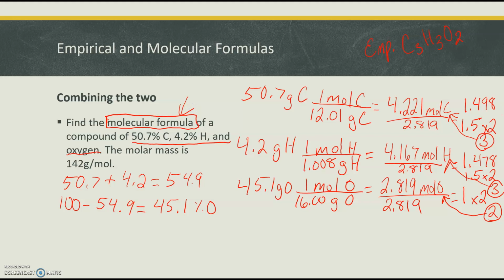For this, we take the molar mass that we are given and we divide it by the molar mass of our empirical formula. So, calculate the empirical mass for our empirical formula. Pause the video if you need. All right, the amount I got for our empirical formula was 71.054.